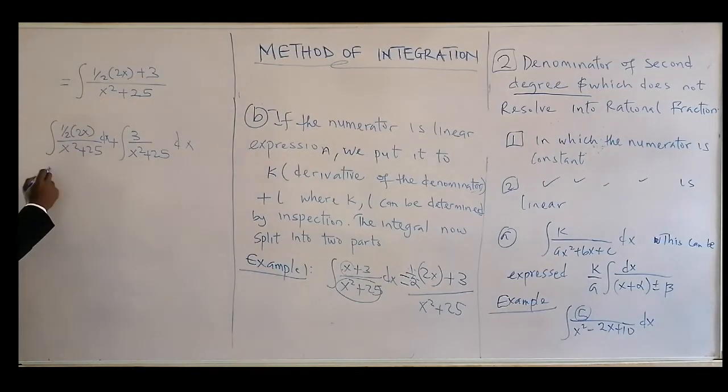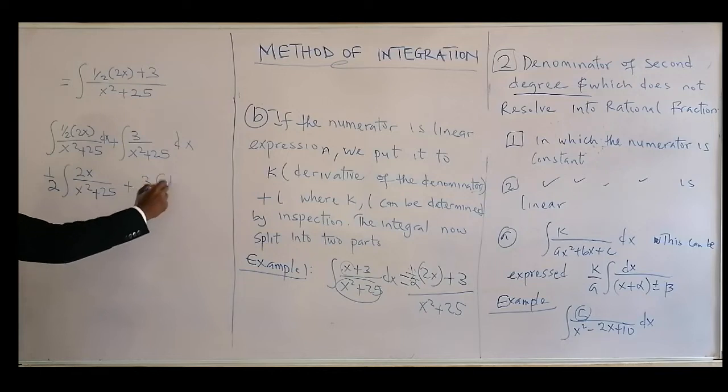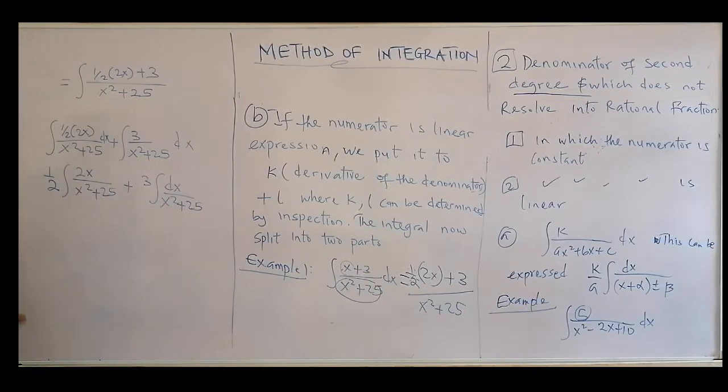This half can go to the front, so we have half into bracket the integral of 2x over x squared plus 25 plus 3 outside, dx over x squared plus 25. The derivative of the denominator is 2x, which is equal to the numerator, and that will be equal to half ln of x squared plus 25.